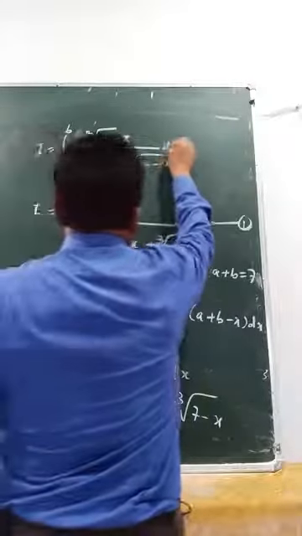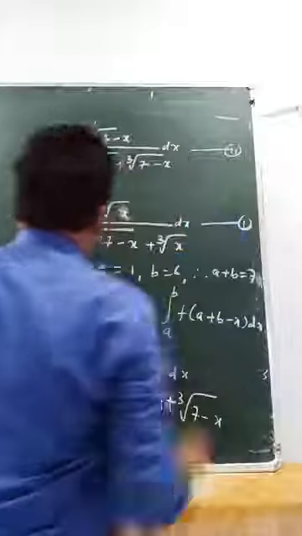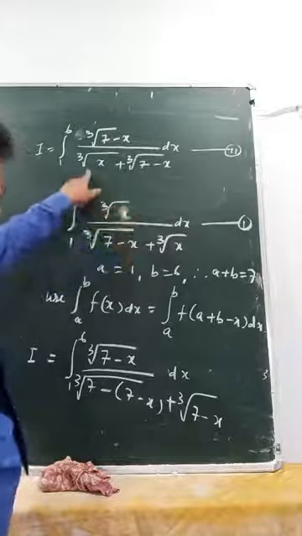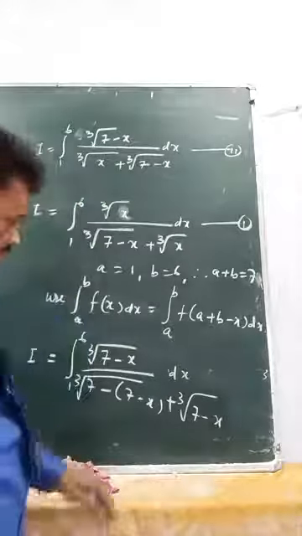This is equation number 2. Look at equation number 1 and 2. Denominator is same. So numerator will be added. So adding 1 and 2.